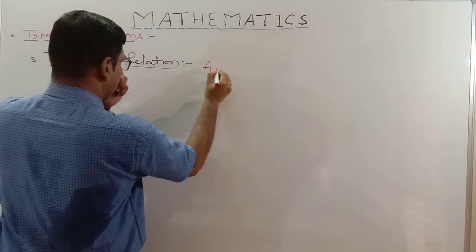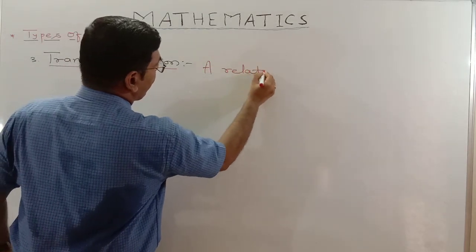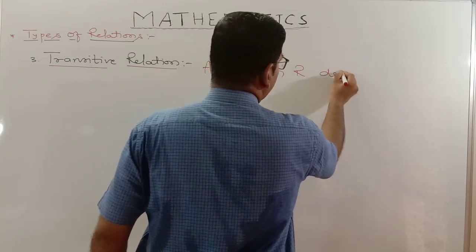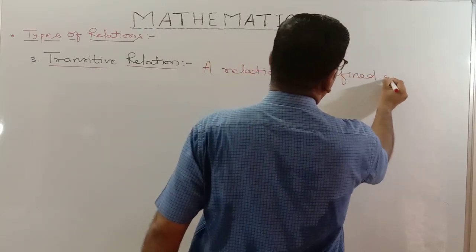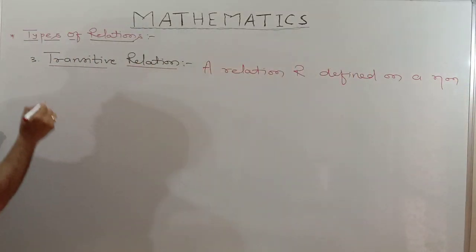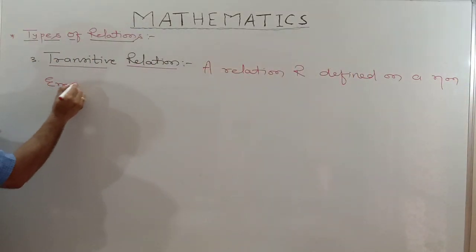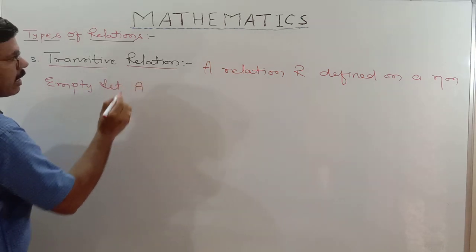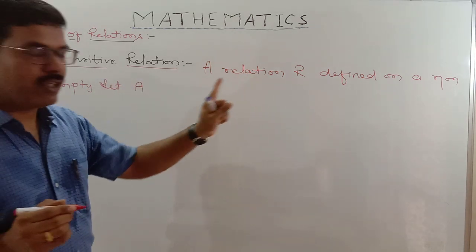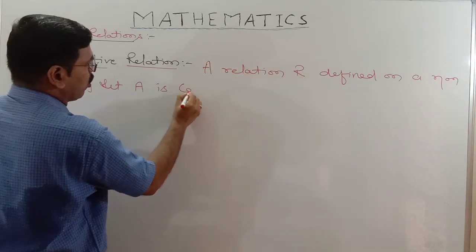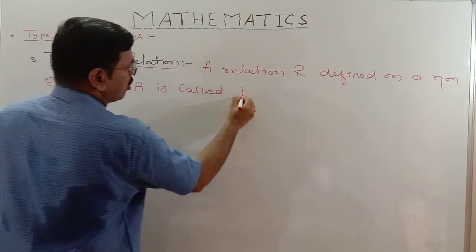A relation R defined on a non-empty set A is called transitive.